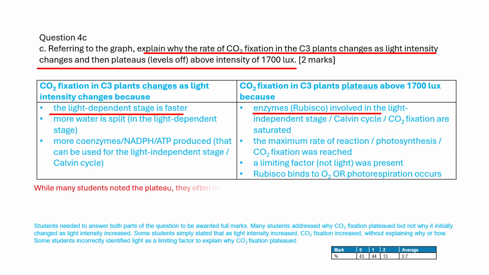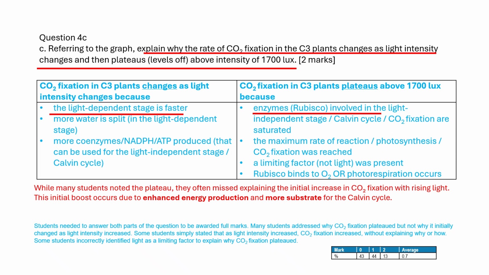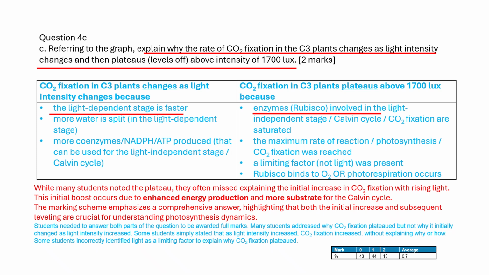While many students noted the plateau, they often missed explaining the initial increase in CO2 fixation with rising light. This initial boost occurs due to enhanced energy production and more substrate for the Calvin cycle. The marking scheme emphasizes a comprehensive answer, highlighting that both the initial increase and subsequent leveling are crucial for understanding photosynthesis dynamics.